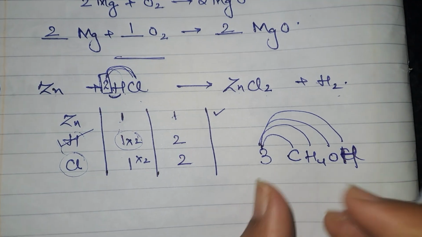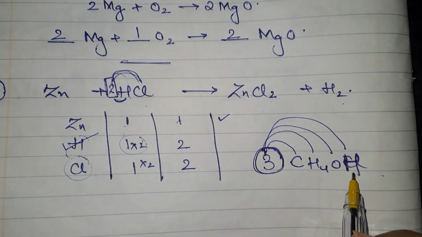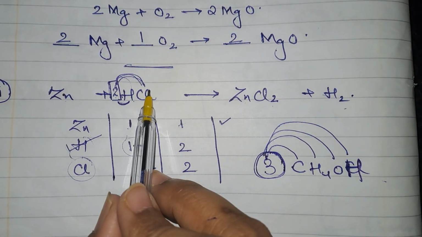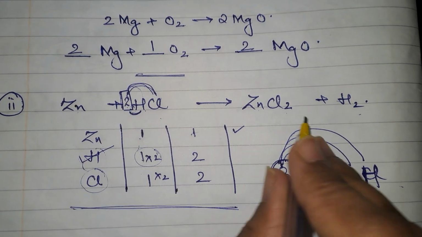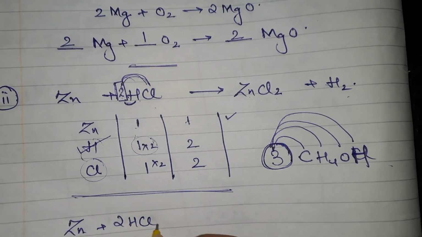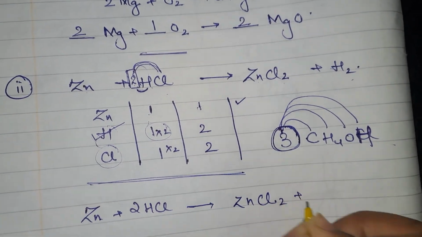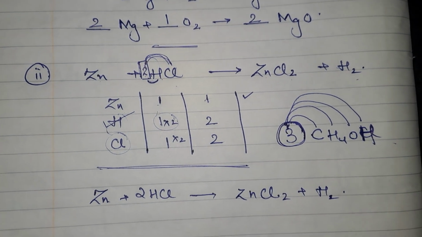That's the reason you put a number in front, so that everything gets balanced properly. So when I put this 2 over here, it is for hydrogen as well as for chlorine. This is how you balance a chemical equation. The balanced chemical equation for this one is Zn plus 2HCl gives rise to ZnCl2 plus H2.